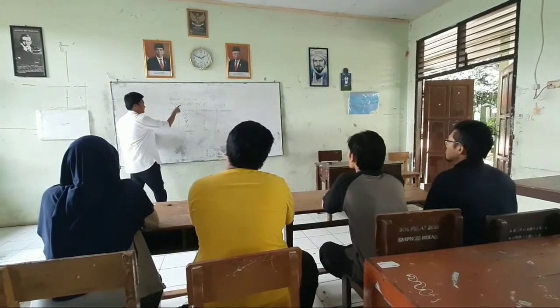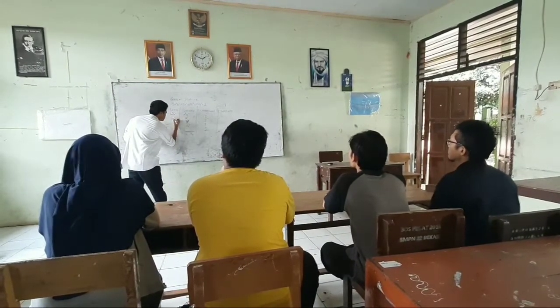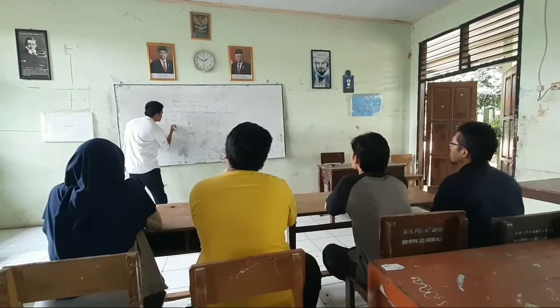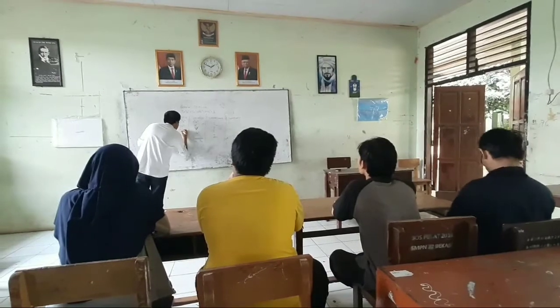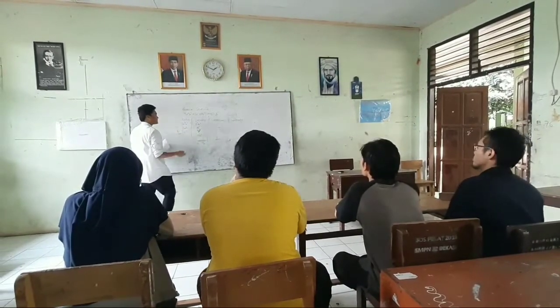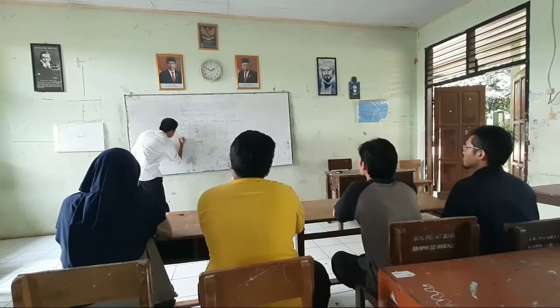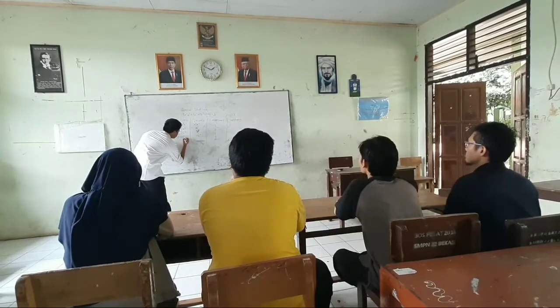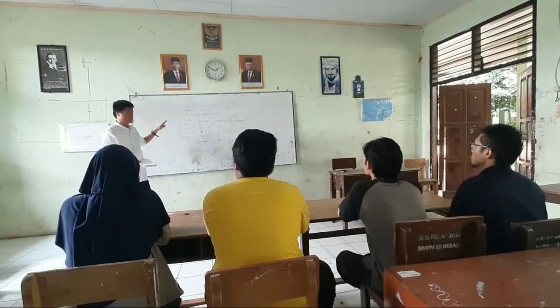Number 2, 3a squared, is a term. Next is 5b to the power of 5. And the last term is minus 5ab squared. Now, do you understand this?